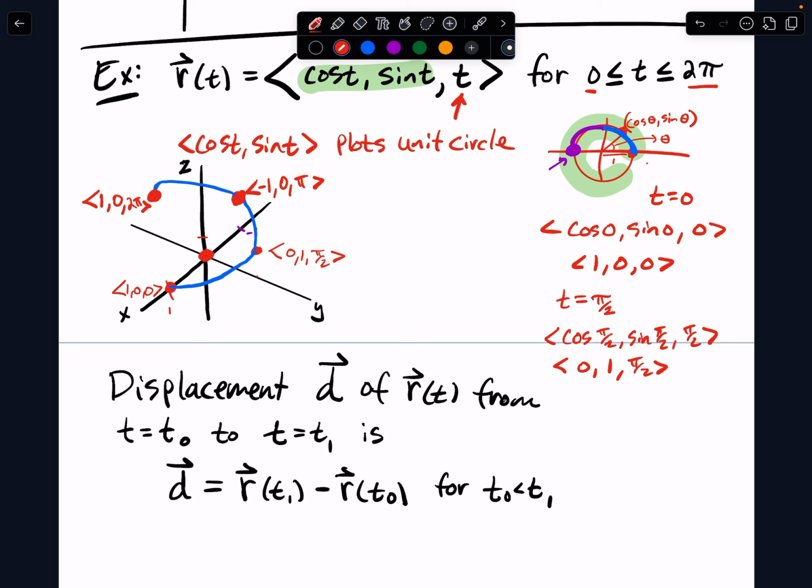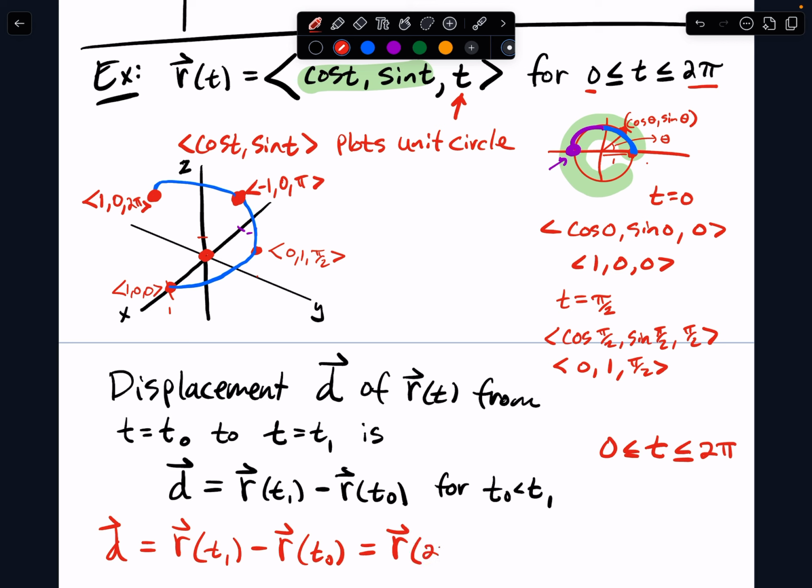All we're looking at for d is r of t1 minus r of t naught. So in this scenario, t started at 0 and ended at 2 pi. So we need to figure out r of 2 pi minus r of 0.